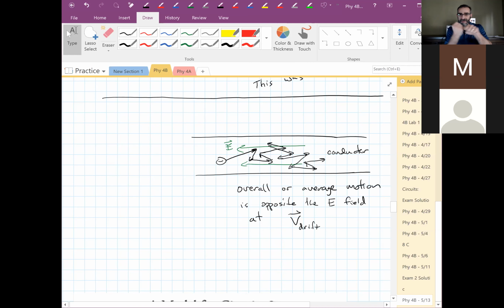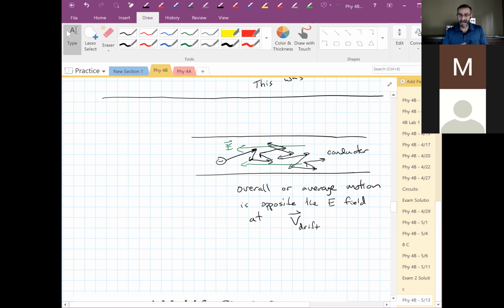Well, what happens every time it bangs into an atom or molecule? It gives a little bit of energy to that atom or molecule. Now that atom or molecule has more energy, it starts to wiggle more, it starts to vibrate more. Well, what does that mean? That means it's at a higher temperature. So you can see why when you run current through a metal conductor it starts to heat up.